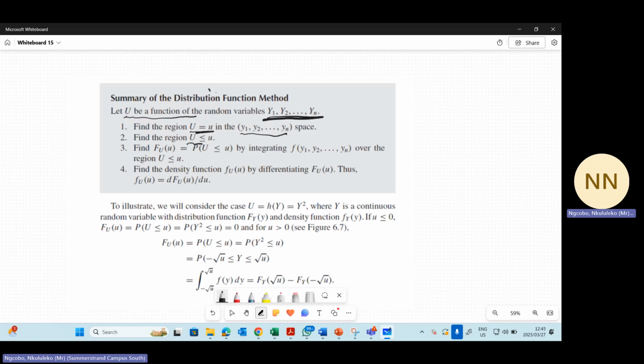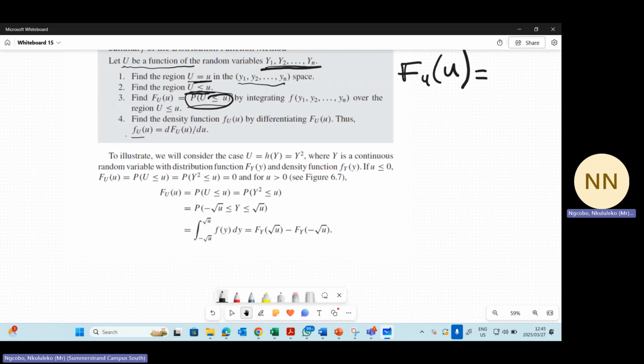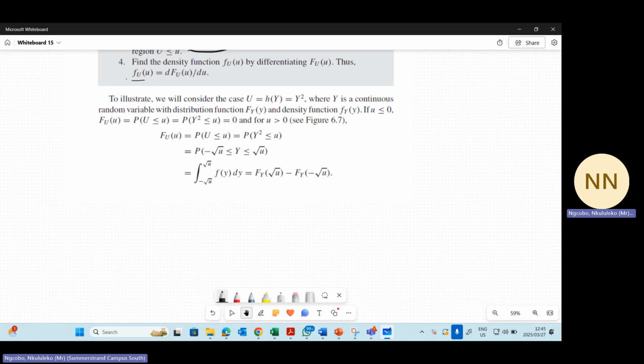Once you understand the region where u is less than or equals to small u, this gives you an advantage to find the distribution of u, because the distribution of u is within this region here, which is what they're explaining here. Once we have this, we just need to differentiate f of u to find the density function of u, right? Maybe let's illustrate this a bit further.